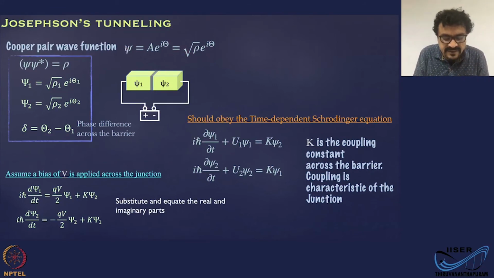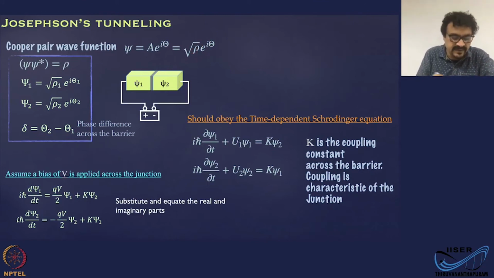It's one wave function, a e to the power i theta, where a is basically the amplitude of the wave function. If you take psi star psi, that will be the Cooper pair density. So this amplitude should be the square root of rho.